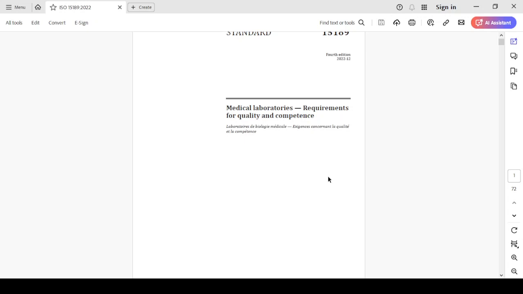When the standard talks about edition, it is talking about the publications. There was the first standard, which was released in 2003, which was the first standard for medical laboratories.